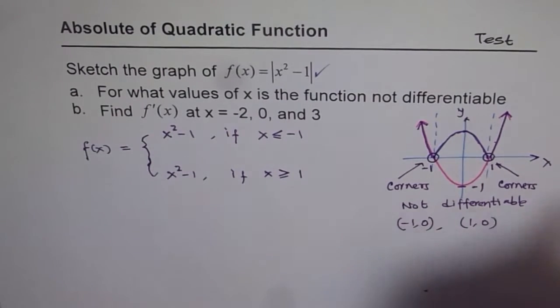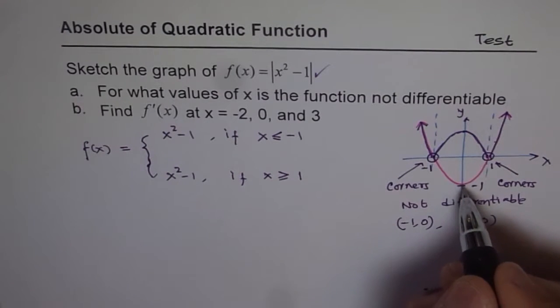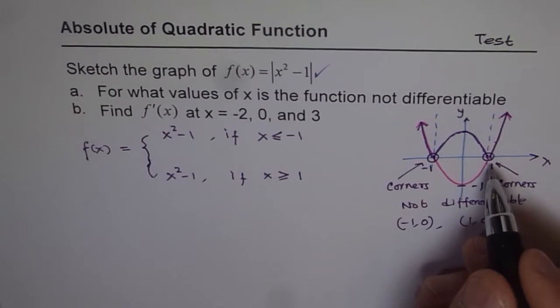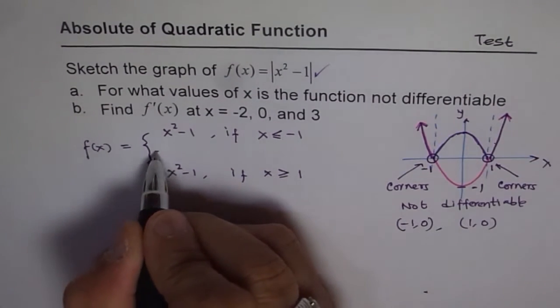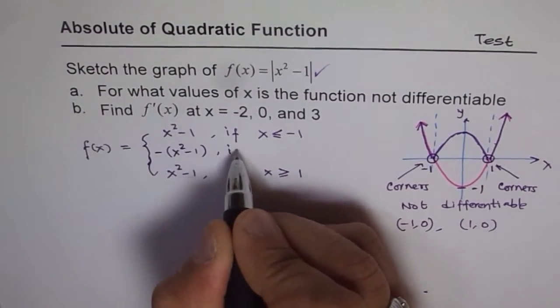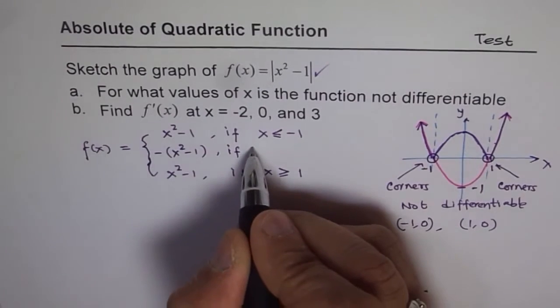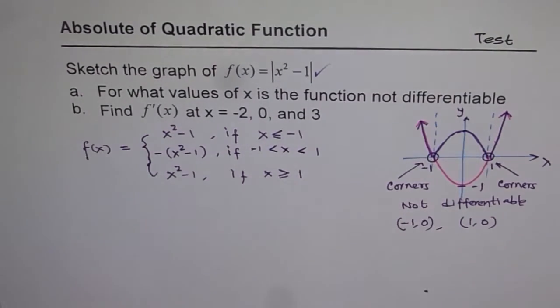Let's include these points, corners, with those limits, right? So we are left with the middle part. In the middle part, we flipped it over the x-axis, right? So y values were made negative. So basically it is negative of x squared minus 1 if x is between minus 1 and plus 1. Do you understand? So it's a three-part function basically.